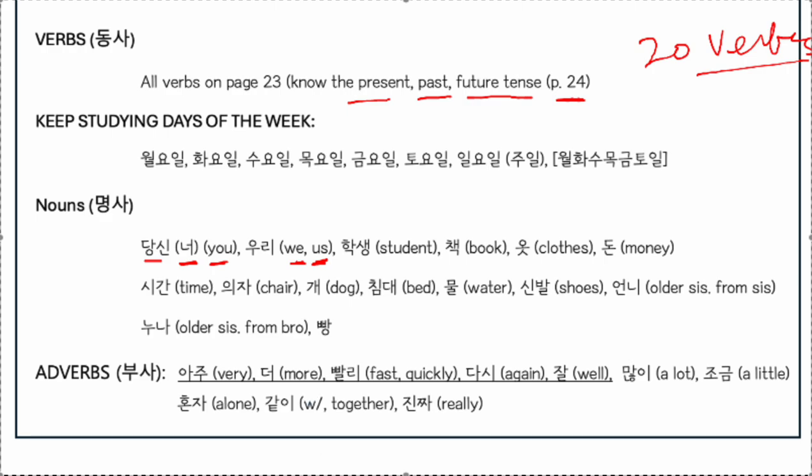But if you want more, say 커피 더 주세요. More, give me more. 빨리 means quickly. 빨리 와, come quickly. 다시, again. 잘 means well. So 잘했어요. You did well. 잘 지냈어요? Have you been well?